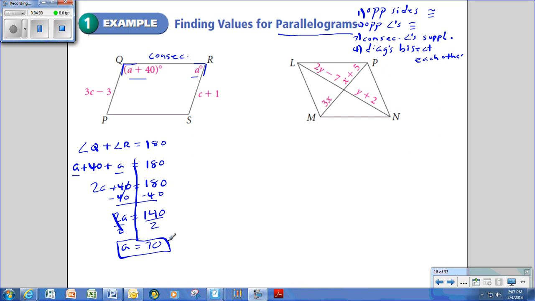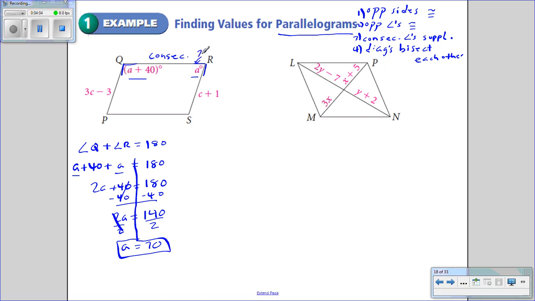So if I took 70, plugged it back in here, I know that angle's 70. And if I plug 70 in here, 70 plus 40 would be 110. Together, 110 and 70 give me 180, so that works.